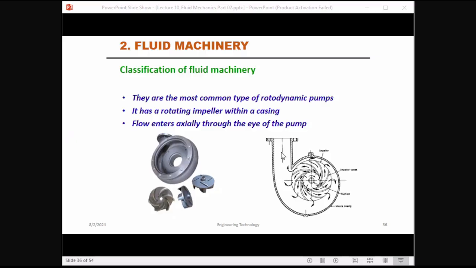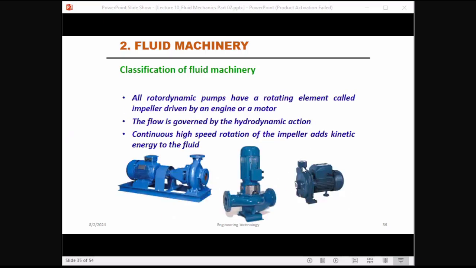Using this real pump, you can see this is the suction line connected to the pump, and in this area you can connect the discharge line. This side is the inlet side, suction side, and this side is the outlet side, discharge side.